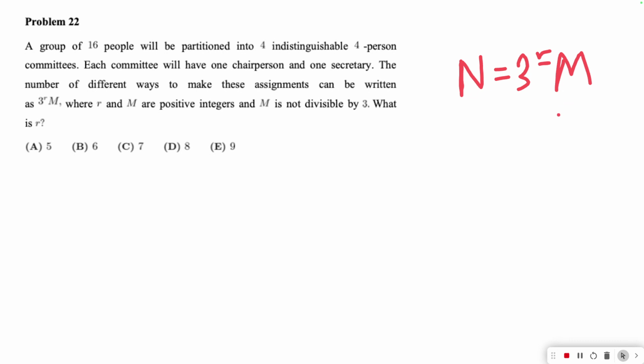And since m has no multiples of 3, it would have a 3 to the 0 in its prime factorization. So we're asked to find just how many factors of 3 we have in there. Okay, so now we know we're trying to find the number of 3's in this.